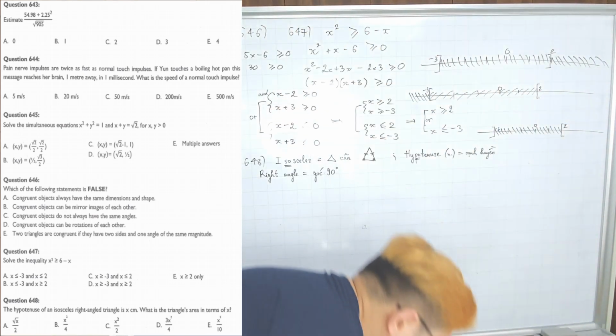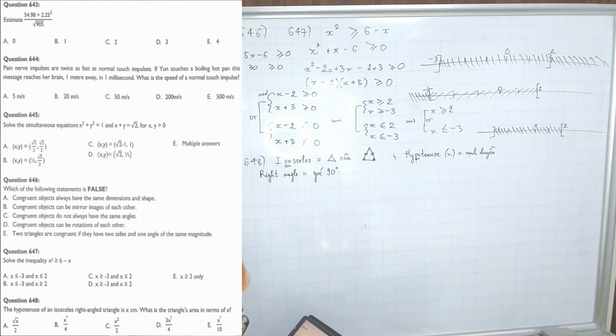Okay. Right angle and isosceles, so it means that this angle is 90 degrees, right? And this one is the same, so it means this one is 45 degrees, right? And this one is 45 degrees as well.